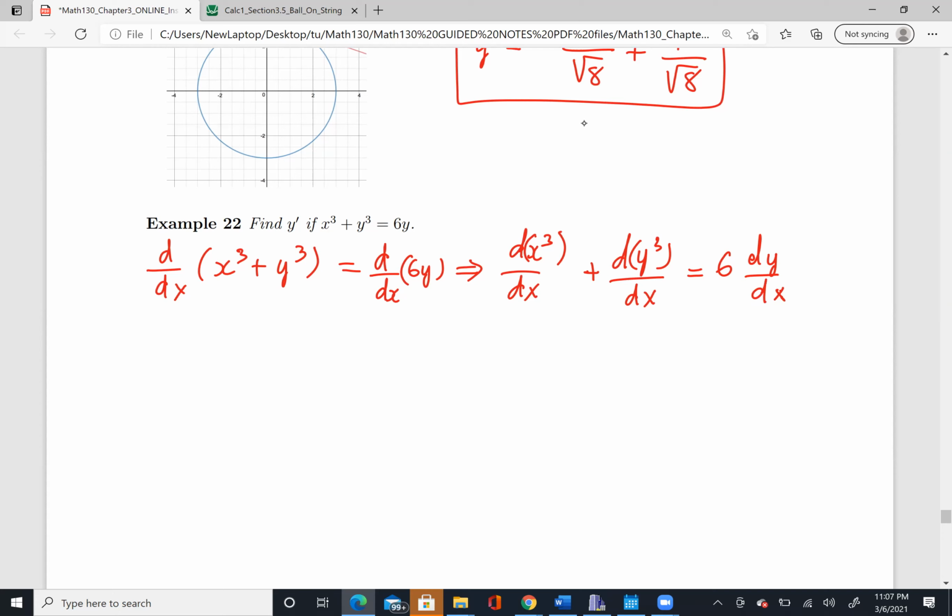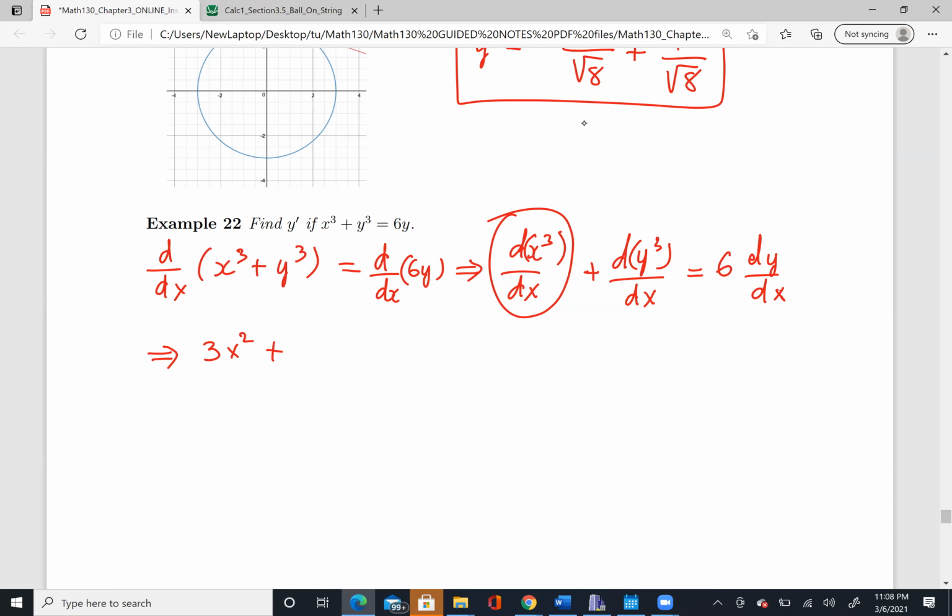Okay, so let me go ahead and try to simplify this. I have the derivative of x cubed over dx. It's going to be using the power rule. You have 3x squared, right? That's for the first term. And plus the derivative of y cubed over dx.